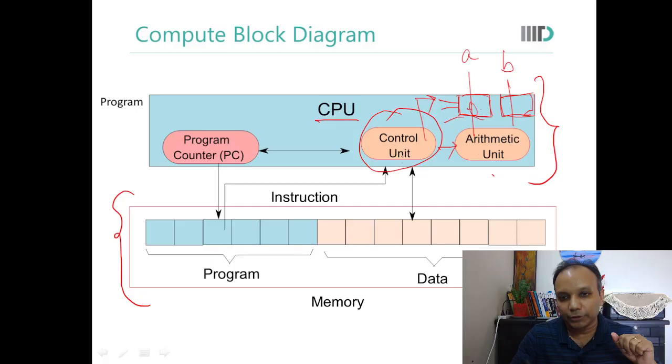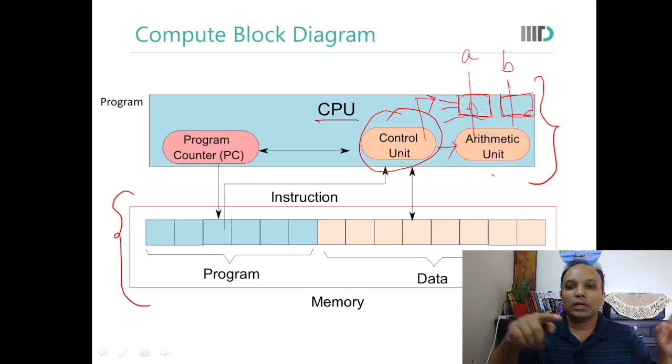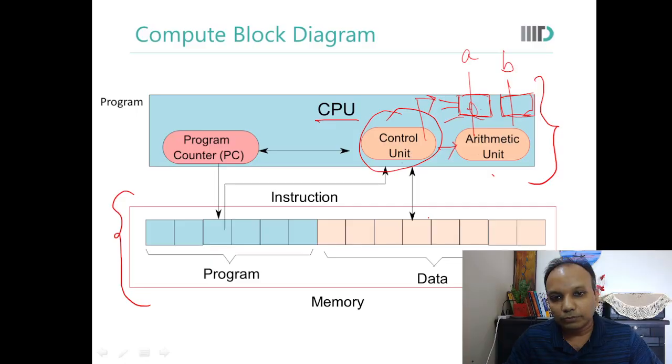So, I have to inform the arithmetic unit that this is multiply, and accordingly fetch the operands from these locations and so on. After the work is done, again with the help of the control unit, the result will be stored in your data memory. All right.